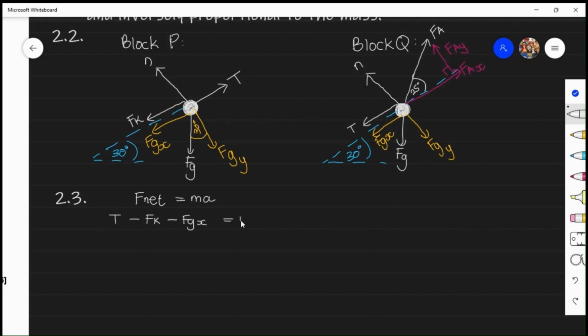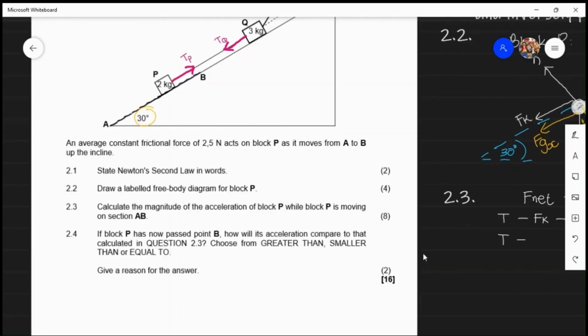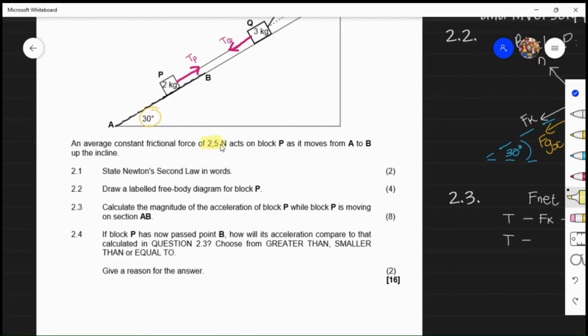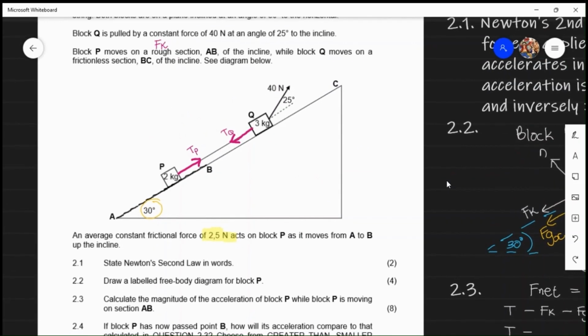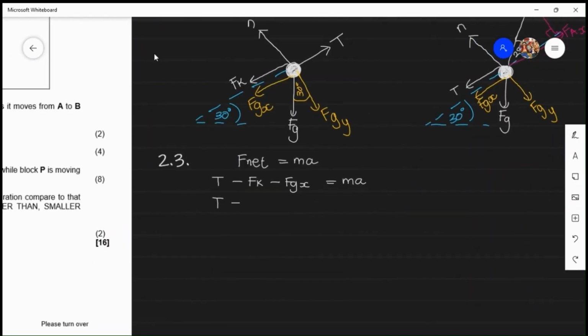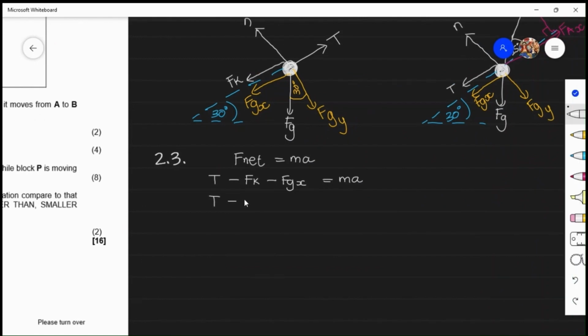And that is equal to my mass times the acceleration. Now, tension is unknown. Kinetic friction was given to us as 2.5 newtons, and the mass of block P is 2 kgs. So this is 2.5 minus.